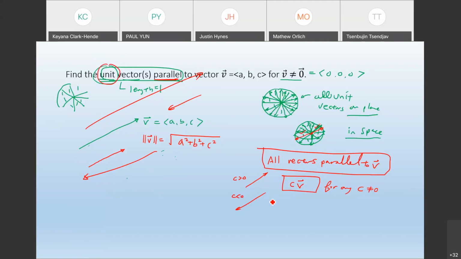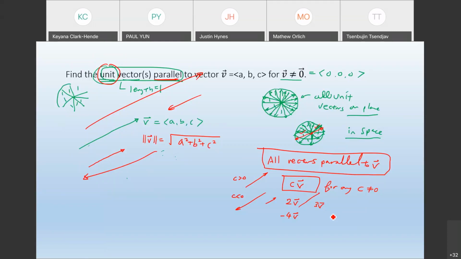Among those guys, I want length 1. It could be 2V, it could be 3V, it could be negative 4V. If V is this much, how about 2V? How about 3V? 1, 2, 3.